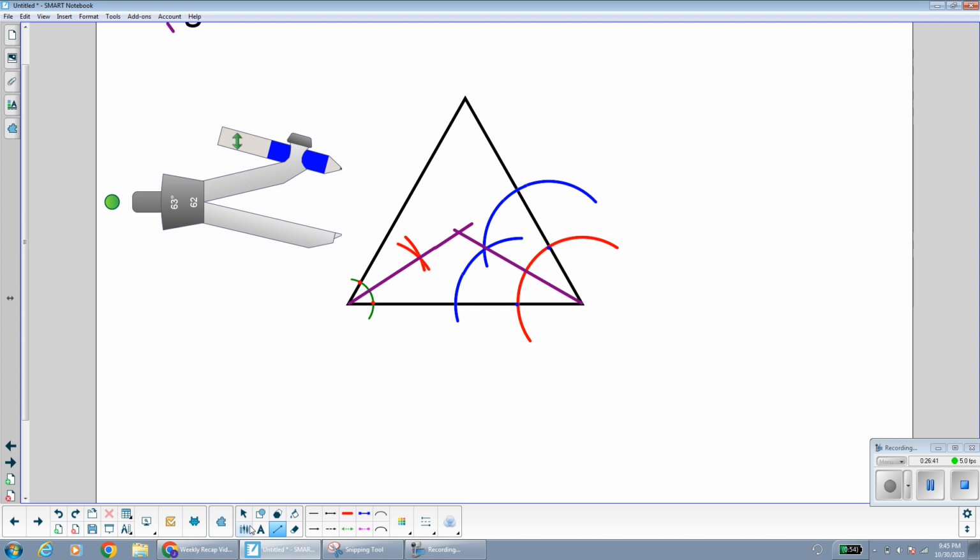And the point where the angle bisectors meet is called the incenter of the triangle. So here we have found the incenter of the triangle.